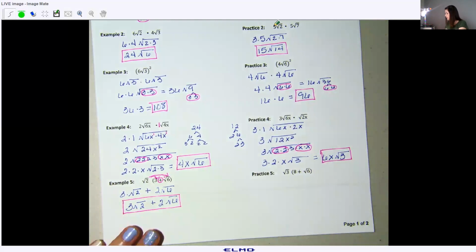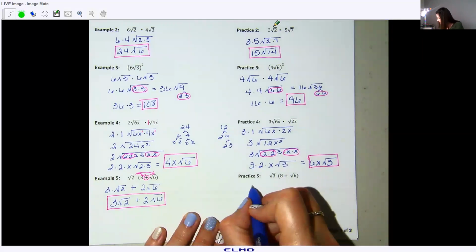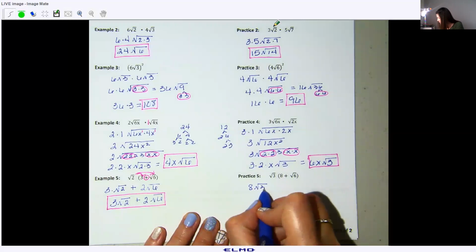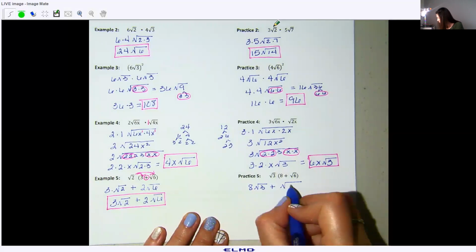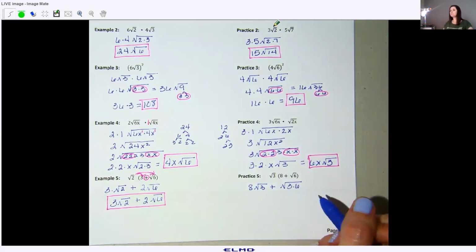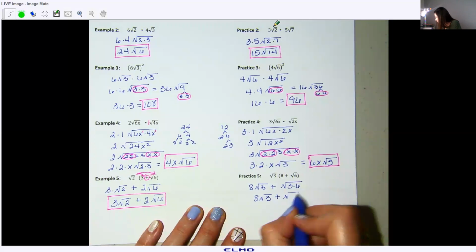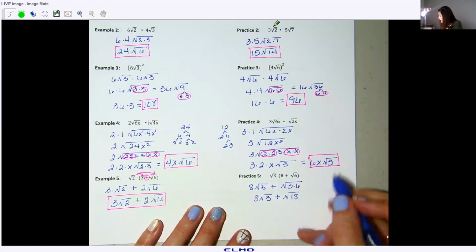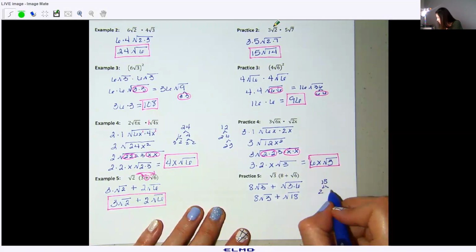And we're going to do the same thing here. You're going to do 8 square root of 3 plus the square root of 3 times 6. Oh, this time it's a little bit different. So you have 8 square root of 3 plus the square root of 18. So let's go ahead and factor out that 18 and see if we have like terms.